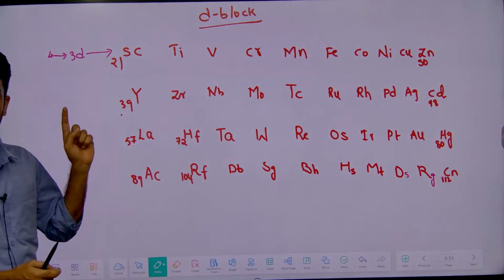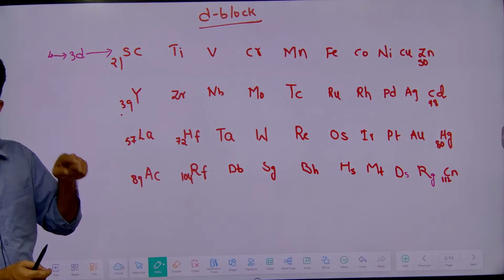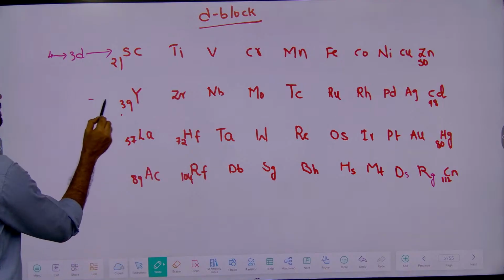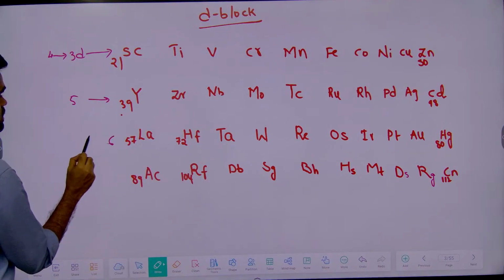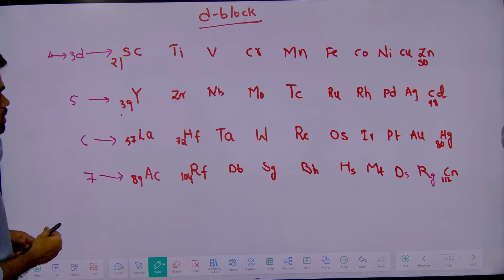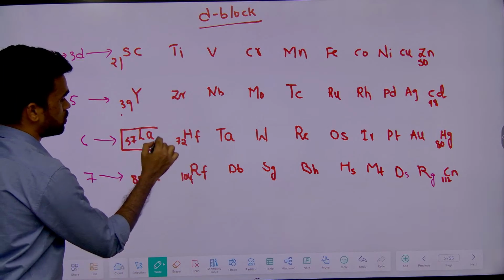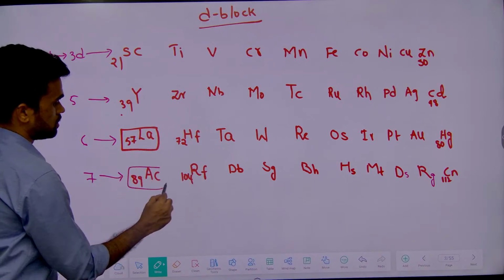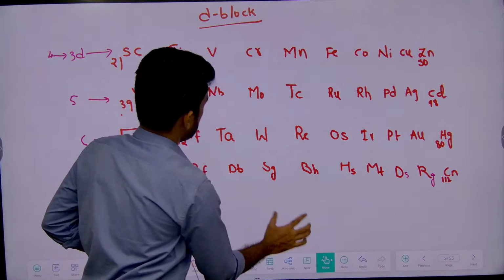If n equals 4, l can be 0, 1, 2, 3. Next this is fifth period, sixth, this one is seventh. So here what we have? Lanthanides.